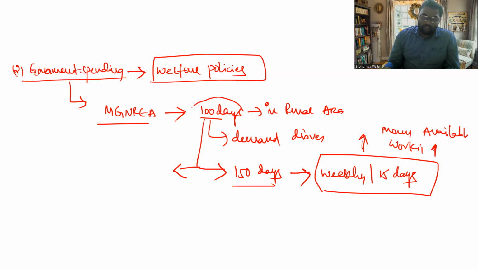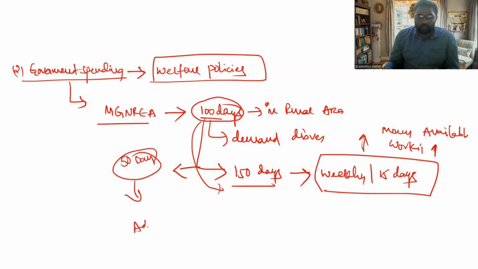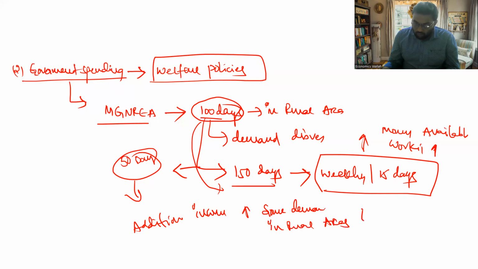For 100 days they are getting their wages, and again they are given 50 more days of work during COVID-19. So those 50 additional days of work bring additional income. This additional income also creates some demand in rural areas based on their requirements. So obviously there will be a price rise.